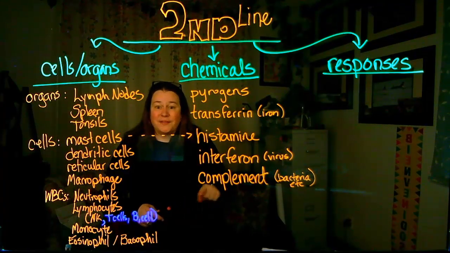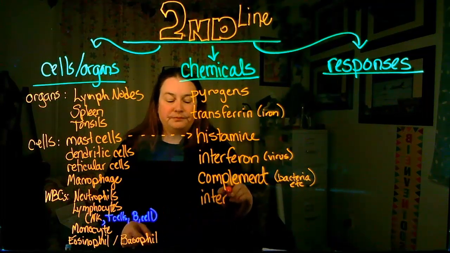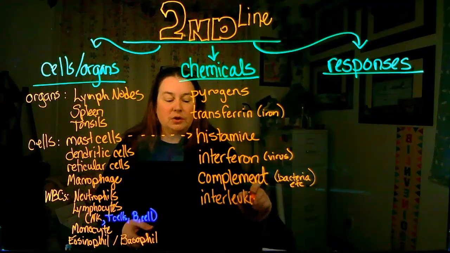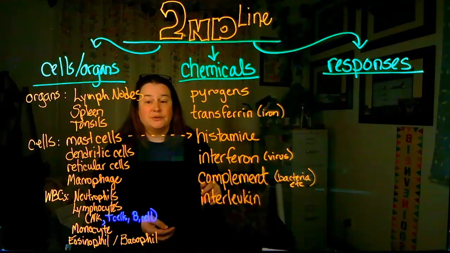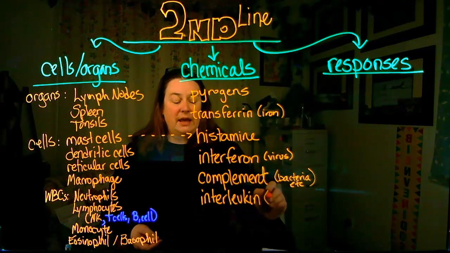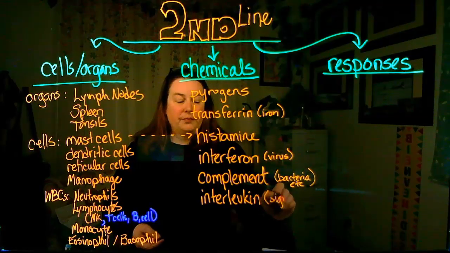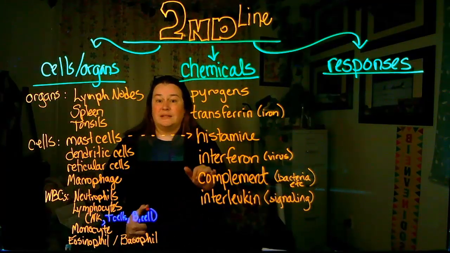And the 5th chemical that we're going to talk about is something called an interleukin. Now, the interleukin will be discussed in more detail in the cell-mediated response and humoral videos, so check those out if you're looking for more information. But this is basically a signaling molecule. And this is important because interleukins are going to be the way that the white blood cells communicate.